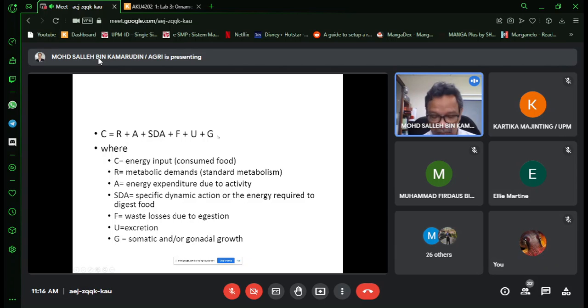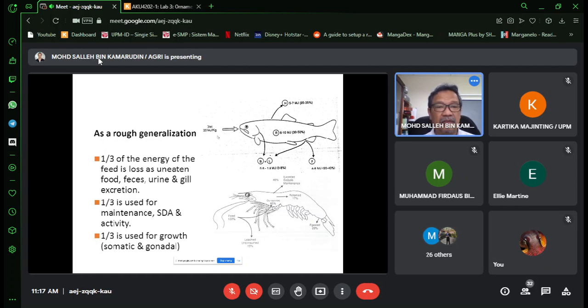Sama dengan tadi yang sebelum tadi adalah P. Alright. So roughly biasanya 1/3 of energy is lost as uneaten, and also fecal material. It goes to urine and gill. Ini kalau ikan.